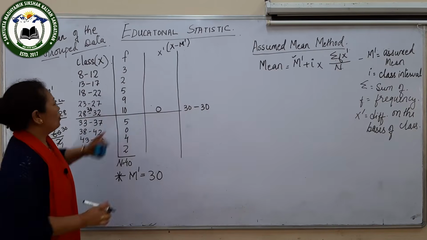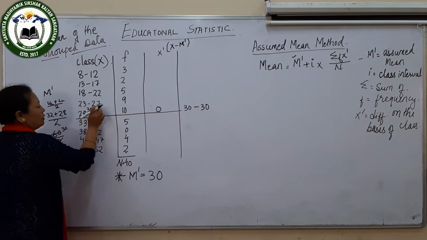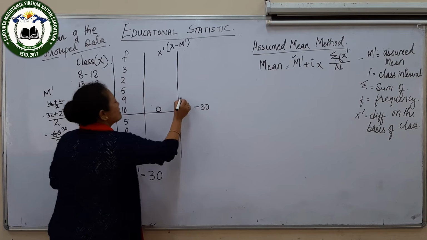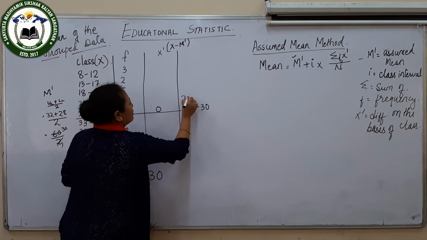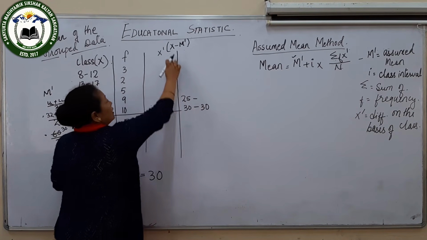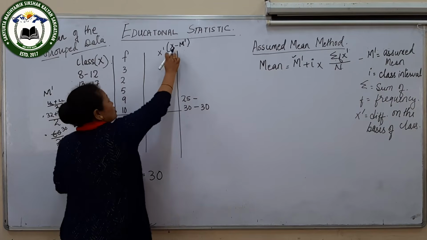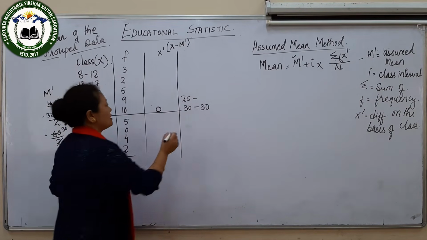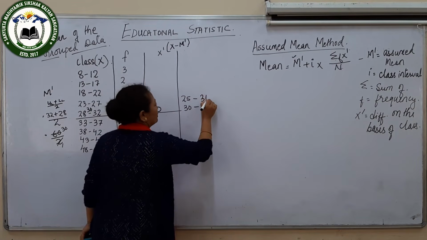Okay. Now, the next midpoint over here is 23, 24 and 25. My next midpoint over here is 25. Minus, this 25 is my score, that is x, minus my m dash 30.